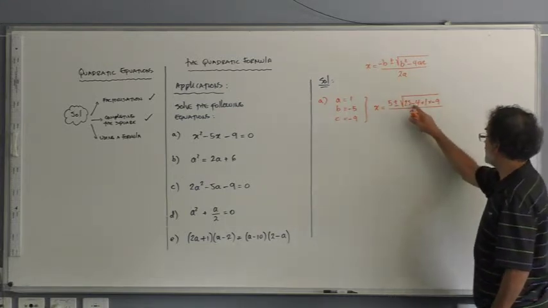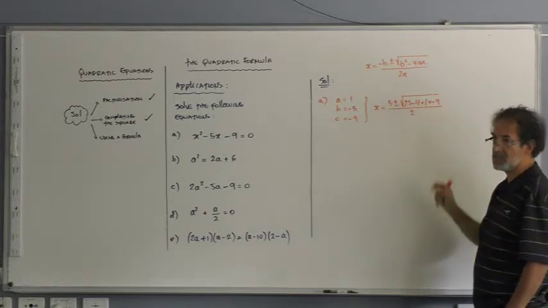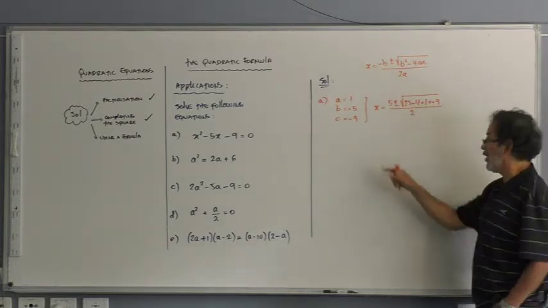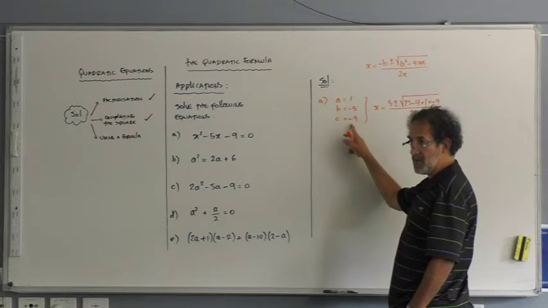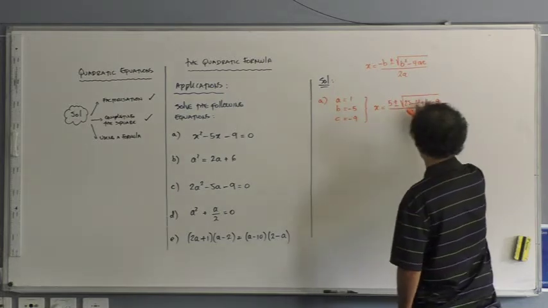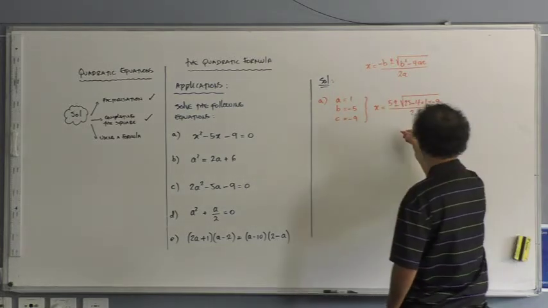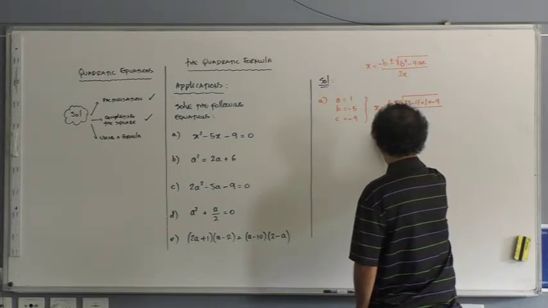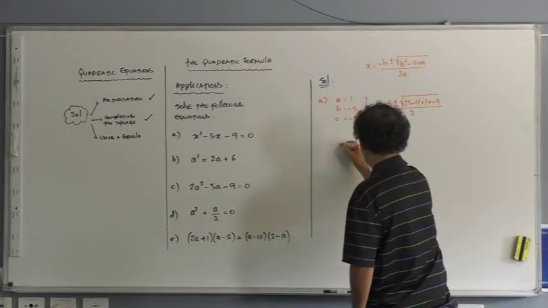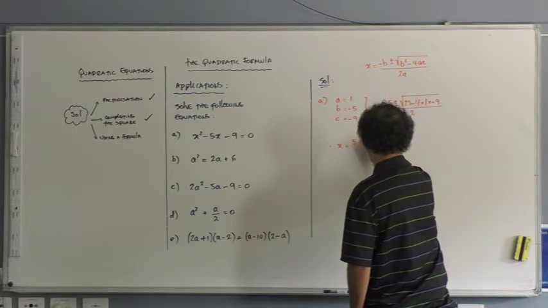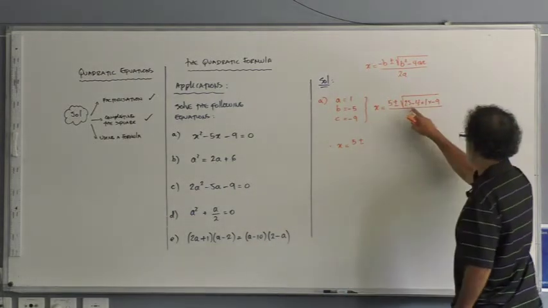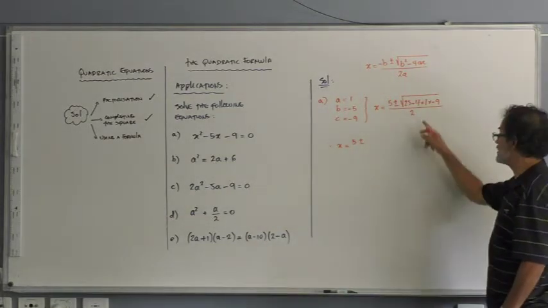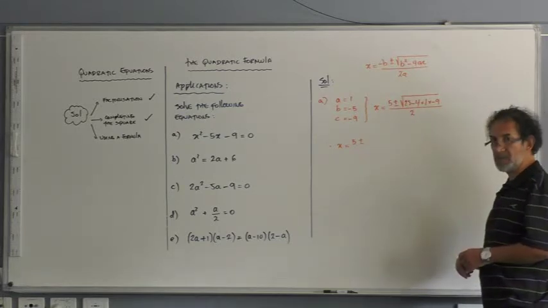In other words, whenever C is a negative number, you're going to be plussing these two things together. So therefore you can say x is equal to 5 plus or minus the square root of 25 plus 4 times 9, which is 36.